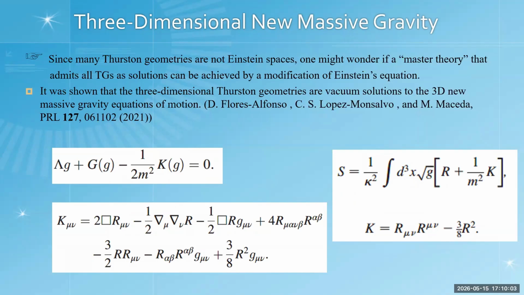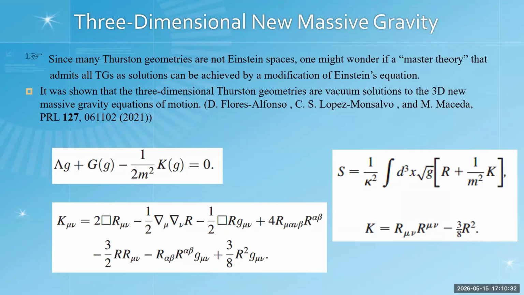This gravity theory contains higher derivatives described by this K tensor, and it was shown that all these 8 geometries can be a solution of this equation. So new massive gravity can accommodate all 8 Thurston geometries as a vacuum solution.